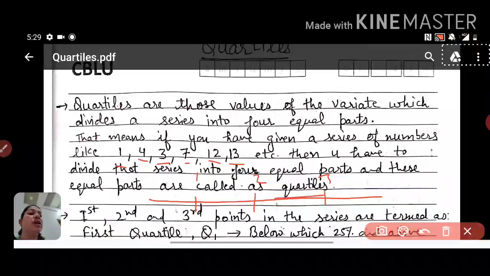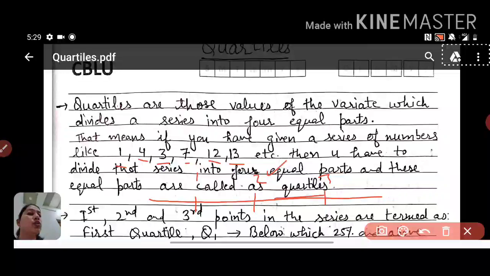These different points are termed as different quartiles. Here the first point is termed as quartile 1, the second point as quartile 2, and the third point as quartile 3. The position of quartile 1 is such that 25% of the values lie below it, and above it 75% of the values lie.